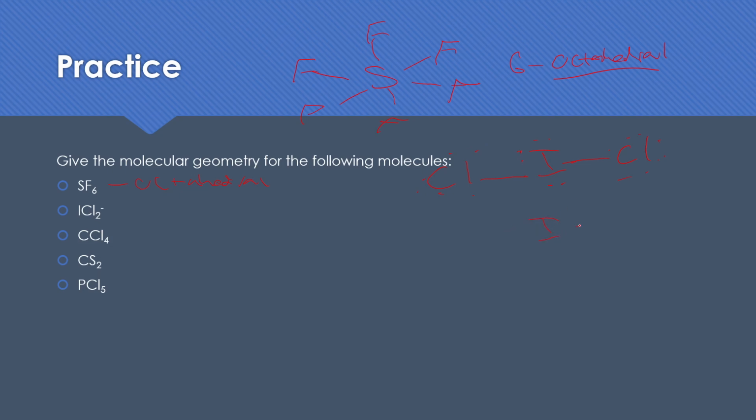So it's going to be I, Cl, lone pair, lone pair, lone pair. Okay, so I've got 1, 2, 3, 4, 5 electron domains, which is trigonal bipyramidal. Okay, and I've got 3 lone pairs, so that makes it linear. Okay, so this is the basic idea.